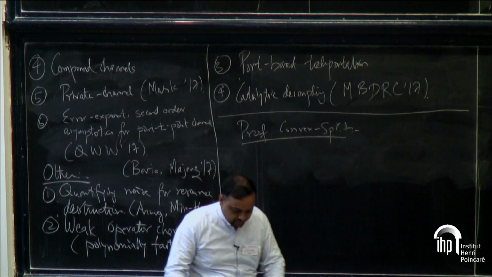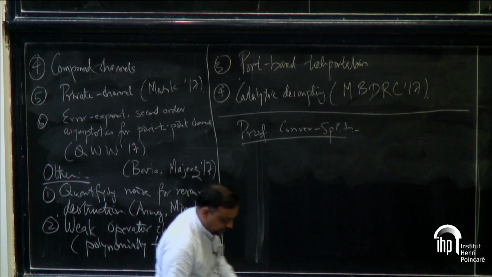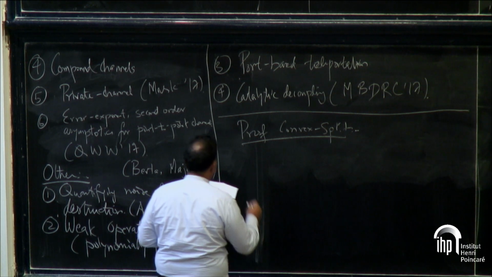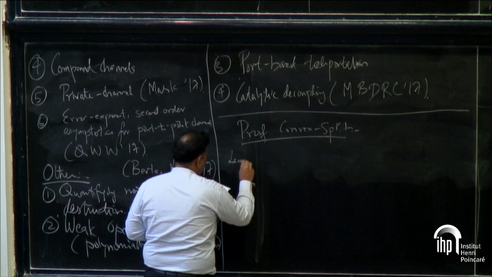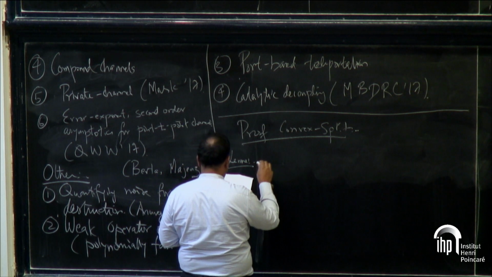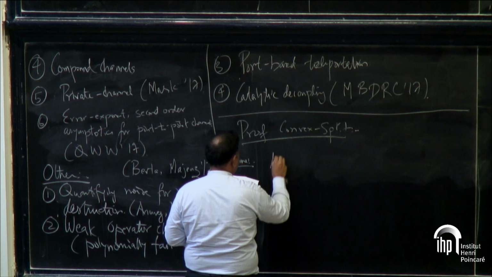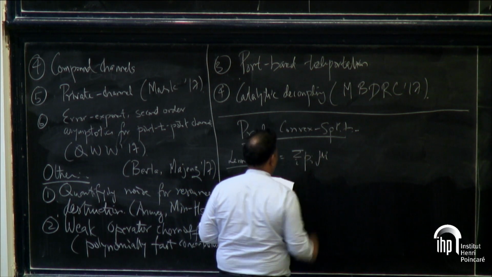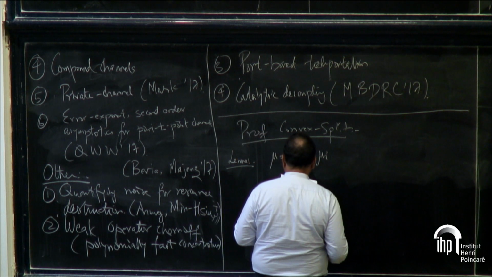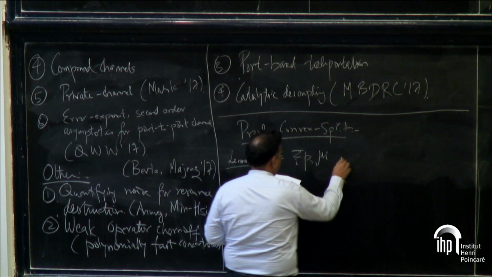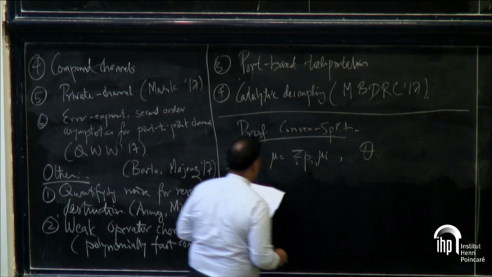Okay, so the proof is actually relatively quite simple, and so first there is a lemma which is also quite simple, which says that suppose we have a convex combination of states which gives us this average state, and there is another state theta, right?